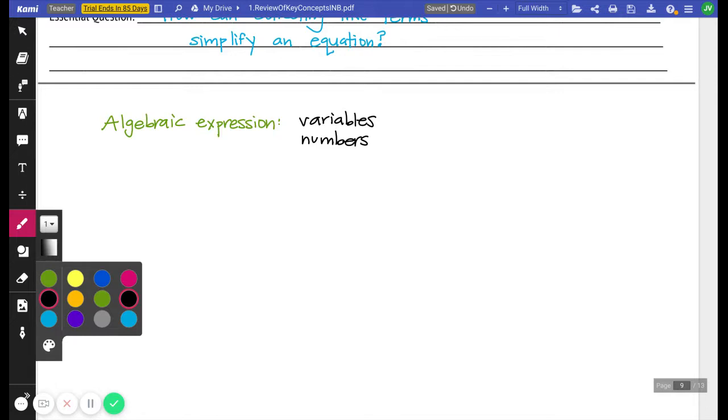So here's an example of an algebraic expression. 3x plus 4y plus 7 plus 5y to the second minus 6x to the second. Lots of variables, lots of numbers.